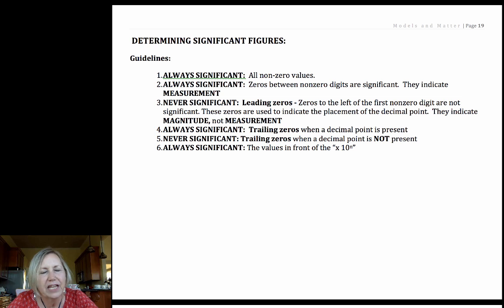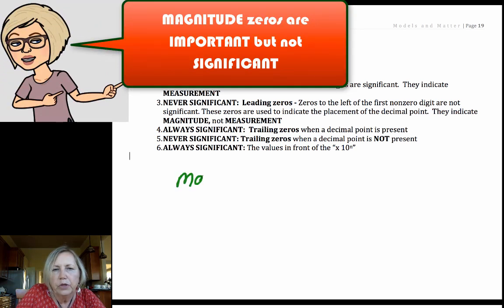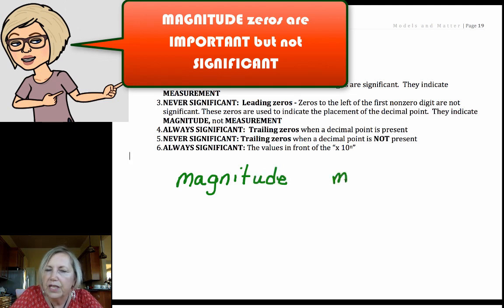Determining the number of significant figures is a significant, or continually annoying, issue for some of my students, and it can be challenging. But I hope a little trick will help you figure it out. If you're looking at somebody's reported value, how do we know if we're looking at a number that tells me the magnitude of the value versus the number that tells me what my actual reliable measurement is?